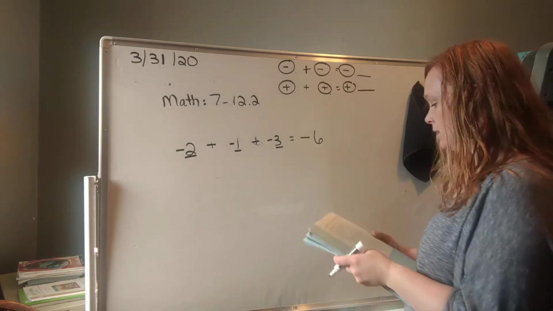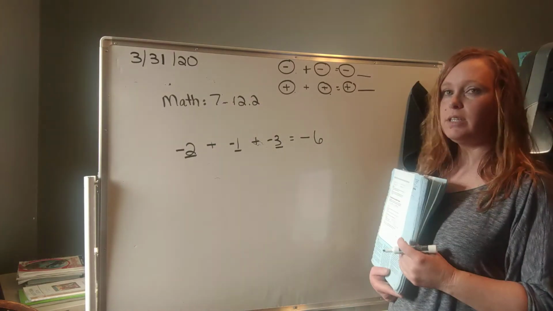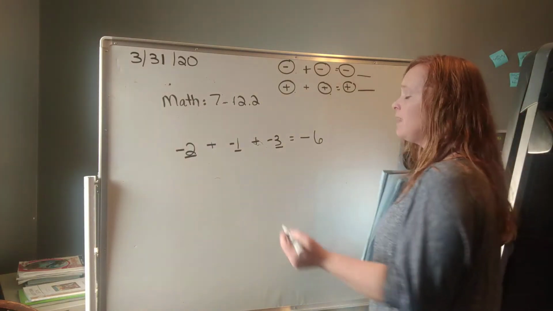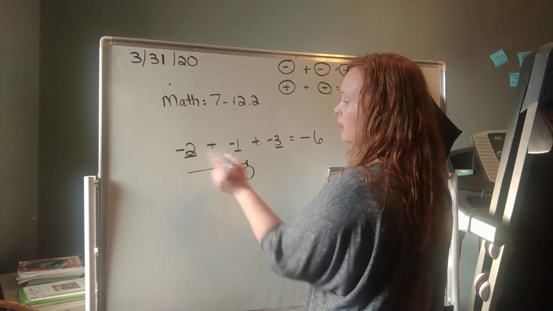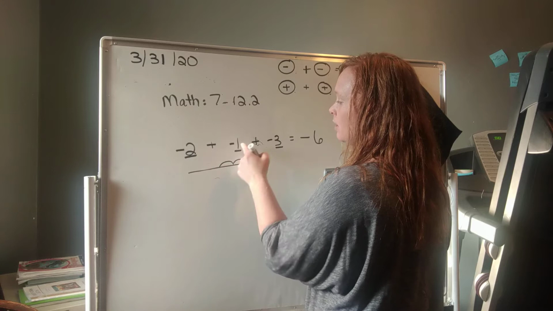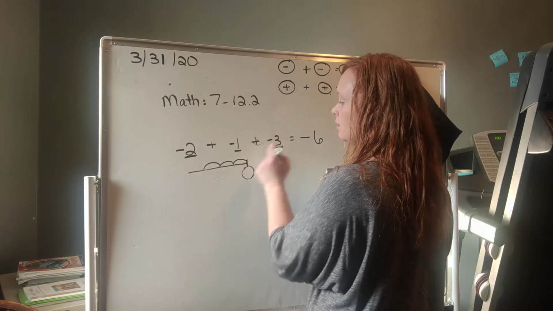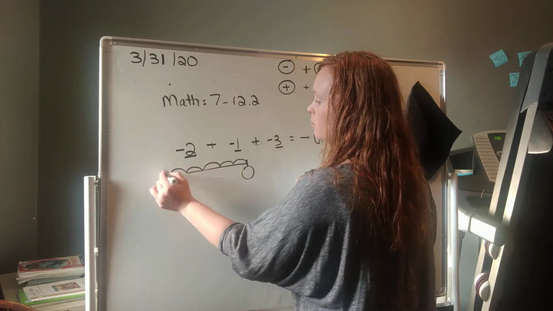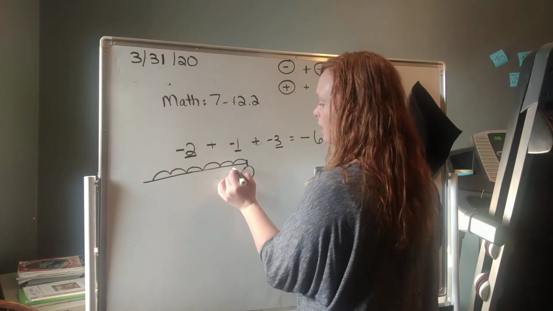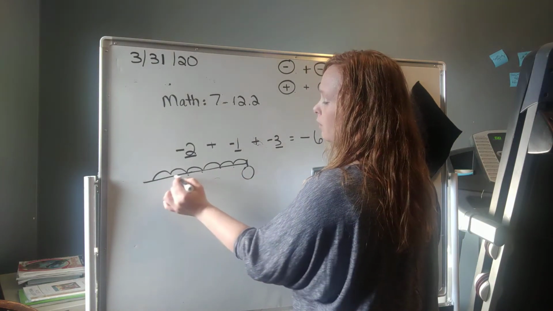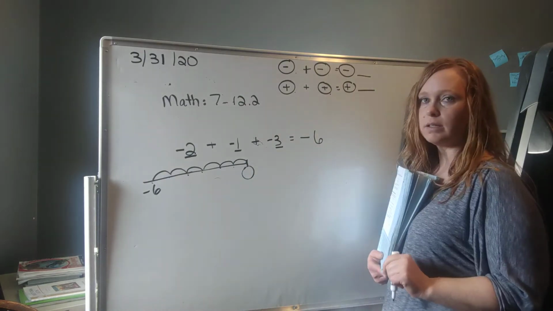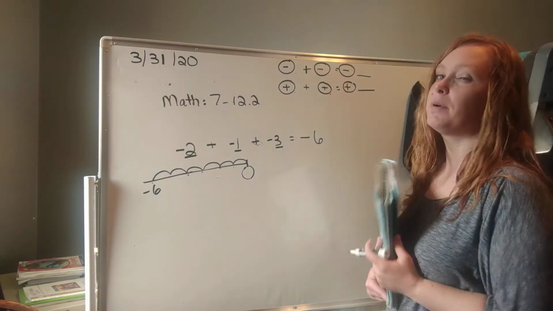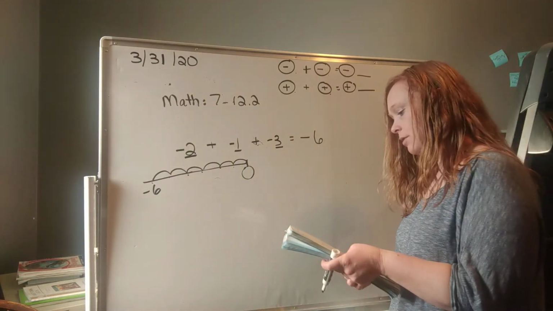So my answer is -6. Did you see that? Another way, of course, if I get stuck, I can always start at 0 and jump -2, -1, -3. Then I can count 1, 2, 3, 4, 5, 6. I landed on -6. I hope you use the number line method if it's confusing to you.